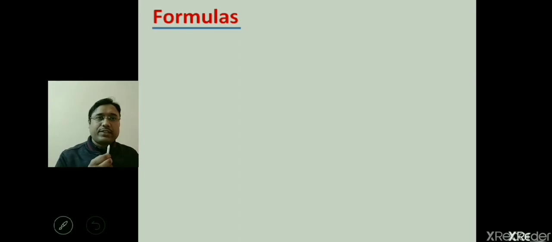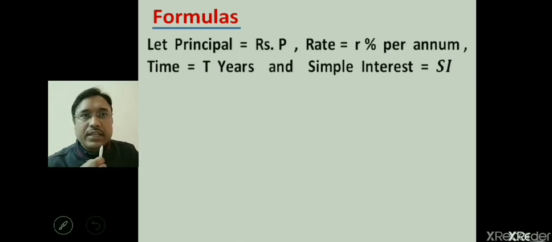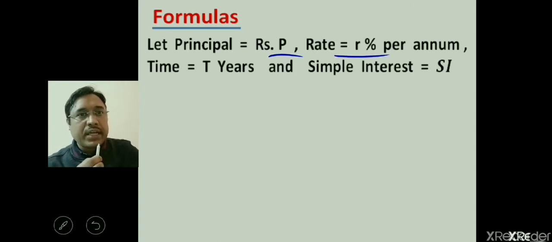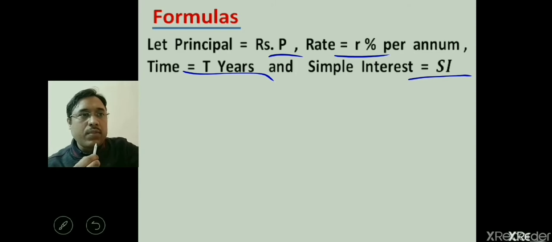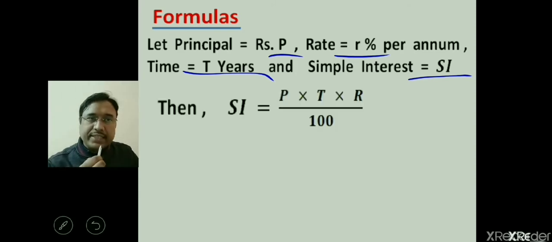You can see the formula I have given here. First you have to assume these variables: let principal equal P, rate R percent per annum, time T years, and the simple interest is SI. Whenever I say SI, it is the term representing simple interest. Now SI is P into T into R by 100, means principal into time into rate by 100.